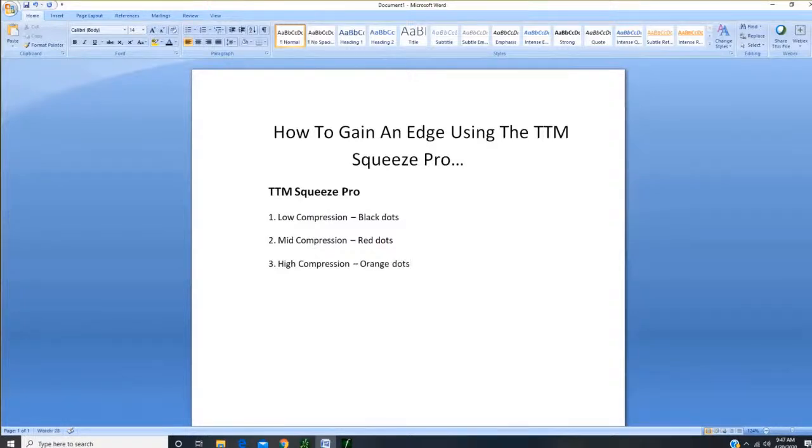All right, so when you hear me say it's a low compression squeeze, that means the volatility is still quiet, but it's not as quiet. The high compression orange dot squeeze is when volatility is at its quietest. It's very compacted. You'll see in a minute. The Bollinger Bands are contracted inside the Keltner channels, and it's just really tight, okay?